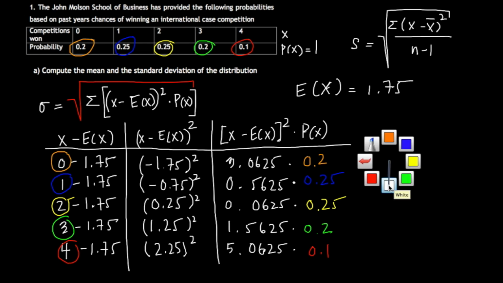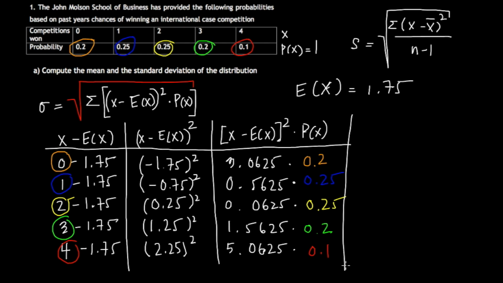So because we're taking the long way, we might as well go all the way. So let's just do one final column where we have the product of the two, and then we'll simply add them up. So the first one is times 0.2, so we have here 0.06125.